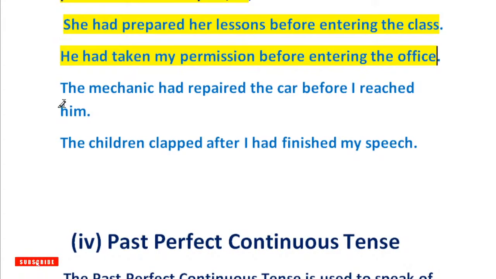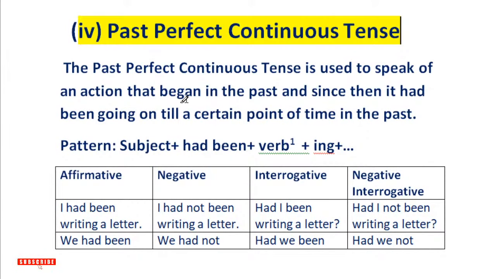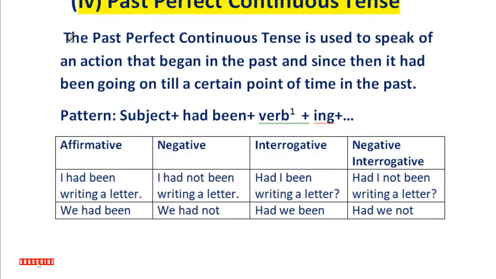Now let us read past perfect continuous tense. So here, past perfect continuous tense is used to speak of an action that began in the past and since then it had been going on till a certain point of time in the past.